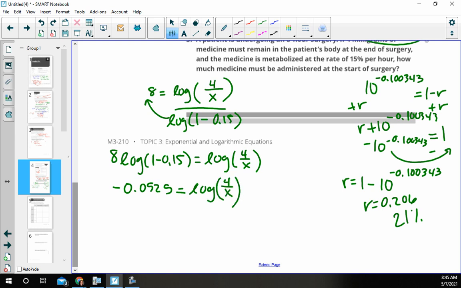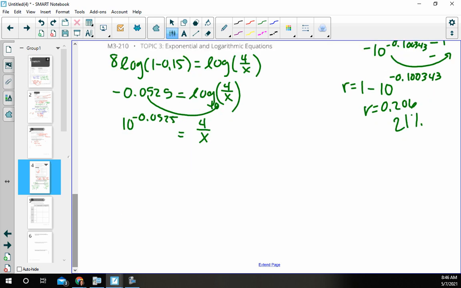Remember, if I'm moving to the other form, I'm stuck. I can't get rid of anything else, so I'm going to change form. So 10 to that negative 0.0525 is equal to 4 over x. Okay. Easiest thing to do is multiply the x over, or you could set it up to cross multiply. So I would have 4 is equal to x times that 10 to the negative 0.0525.